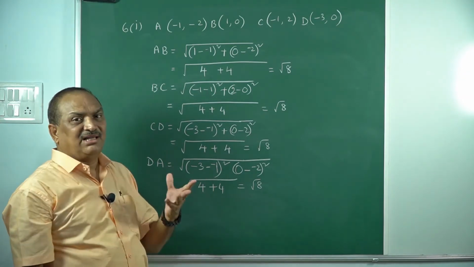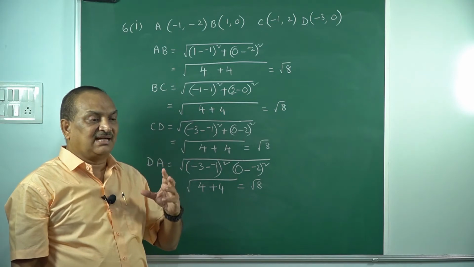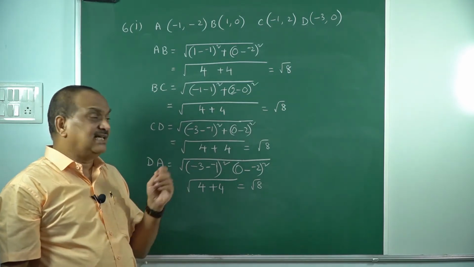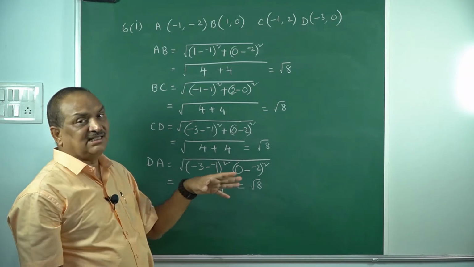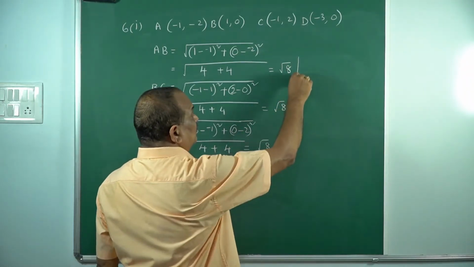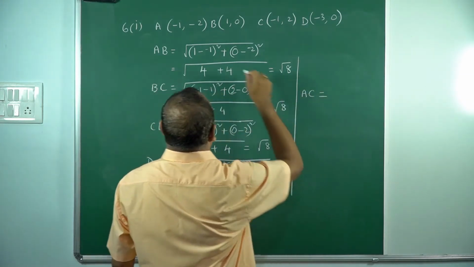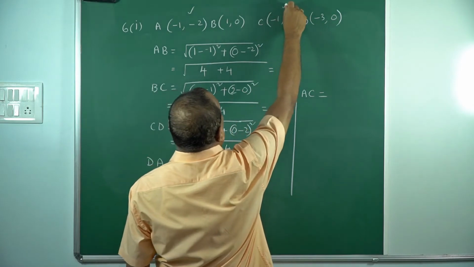So this can be a rhombus, but can I move ahead to check if that can be a square? If this has to be a square, given all the 4 sides are equal, I should check the diagonals. So I just go to find out AC now and BD. AC is, I should take this point and this point.